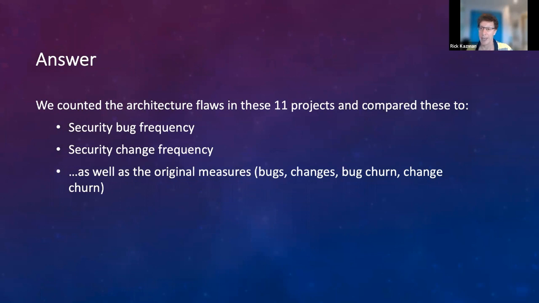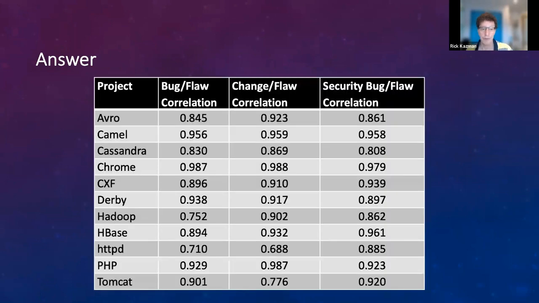And so we had to look at projects that label their bugs as being security related or not, but we found a nice set of projects, 11 projects in this case. And again, in each case, the correlation is very high, typically around 0.9 on average.